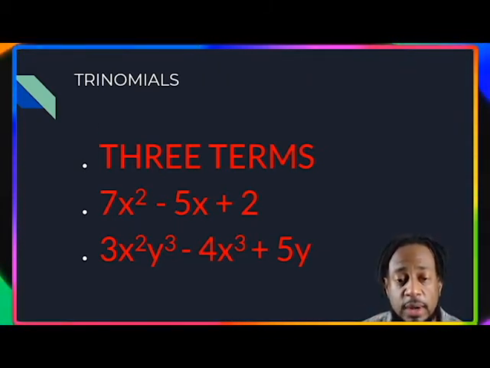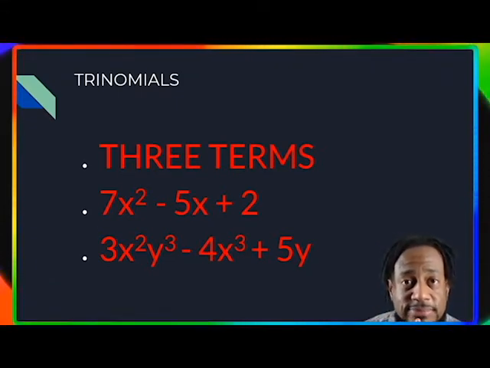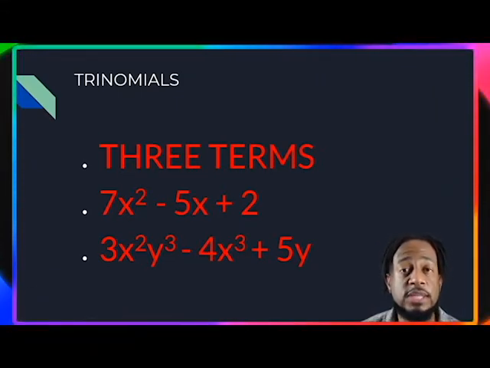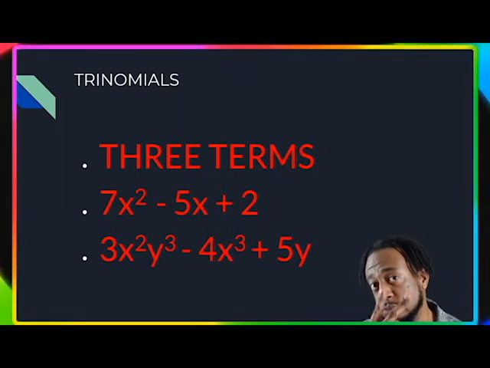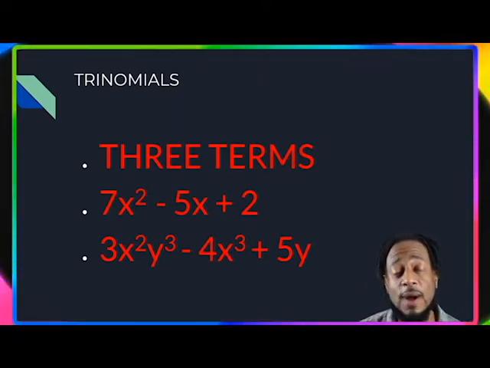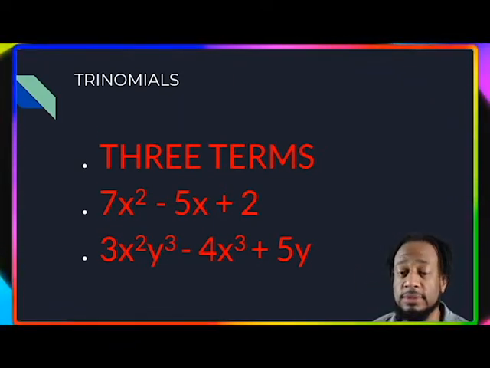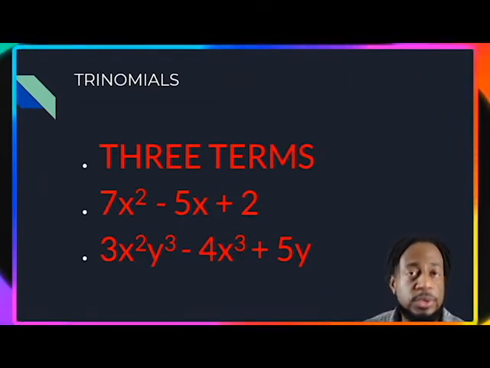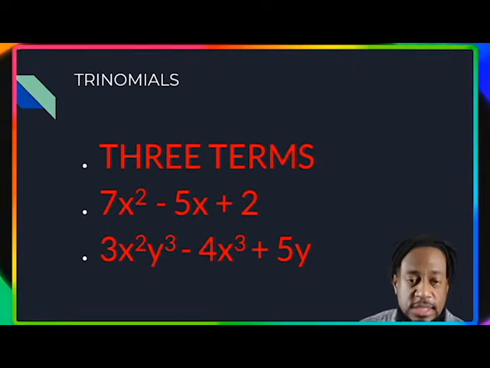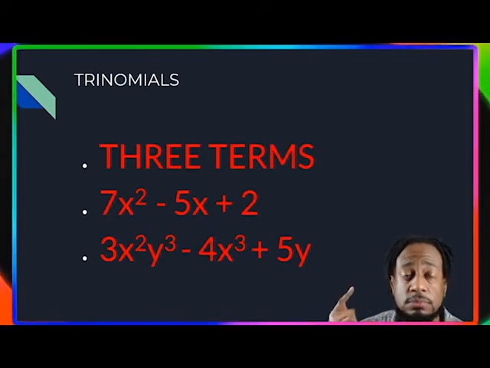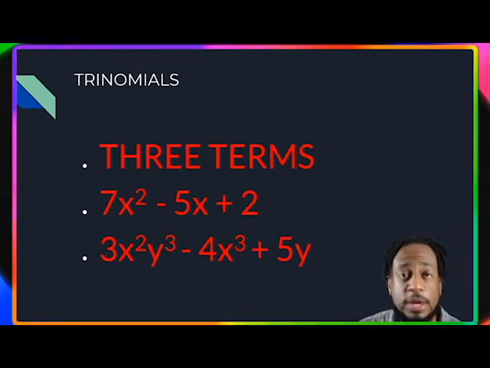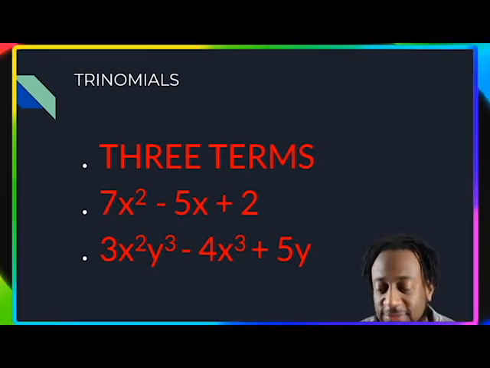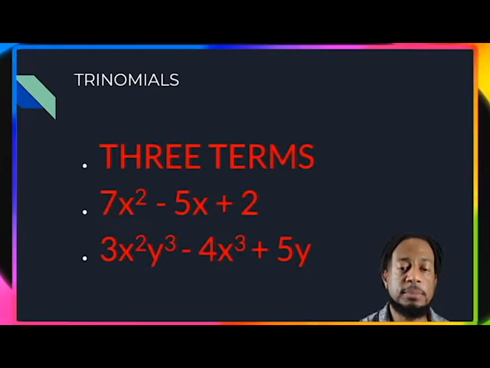So 3x squared y to the third, 1 term, minus 4x to the third, 2, plus 5y, 3, right? 3 terms. Anything beyond that, we don't get into it. It's just monomial, binomial, trinomial. That's it. Okay? Let's keep going.